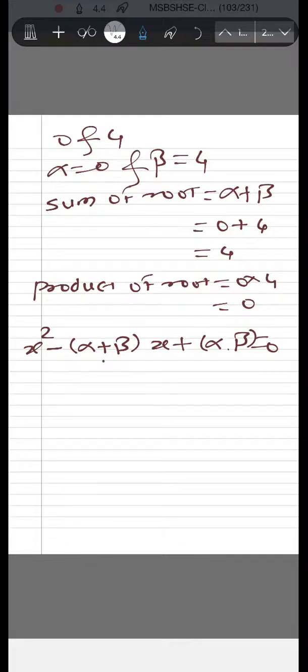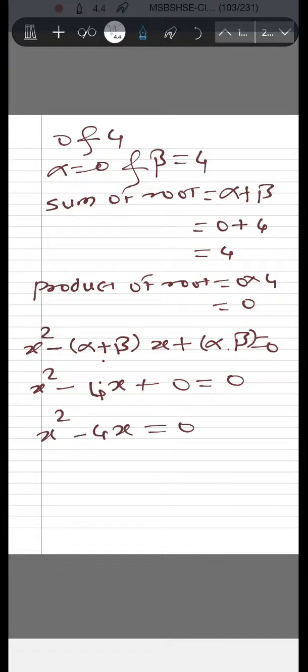So here x square minus 4x plus 0 is equal to 0. So x square minus 4x is equal to 0. We can easily simplify it by taking x common.